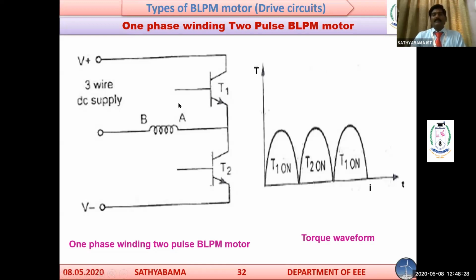The EMF equation of the PMBL DC motor. We know the basic EMF equation of the PMBL DC motor is quite simple and resembles that of the conventional DC motor.